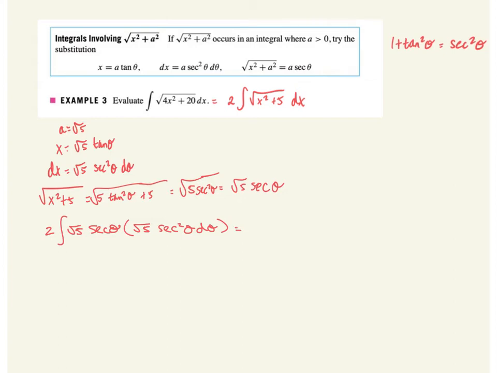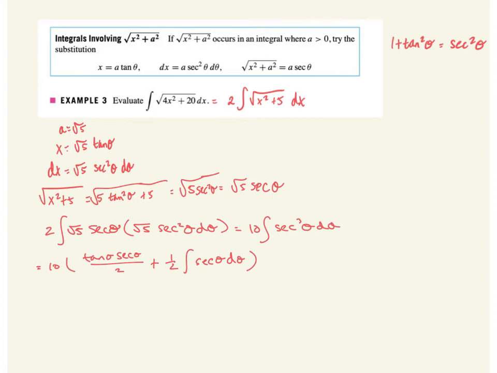I can take a 5 out in front, so I have a 10 integral secant cubed theta d theta. So reduction formula would give me 10 times tan theta secant theta over 2 plus 1/2 integral secant theta d theta.